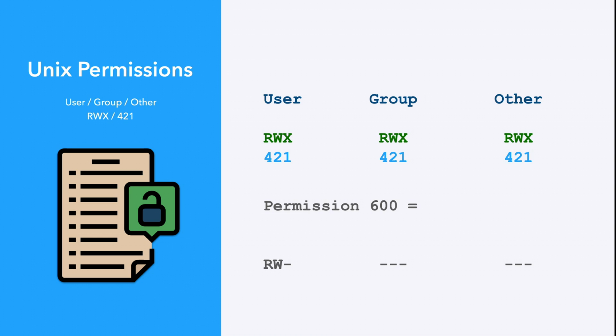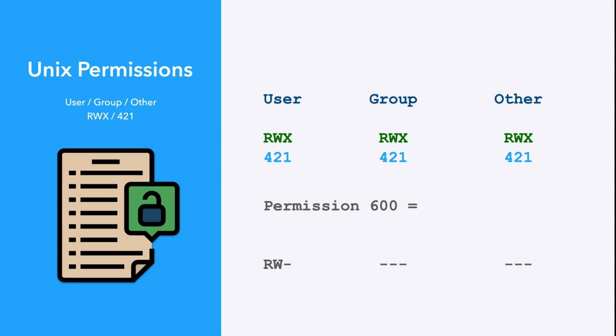Each of these, user group and other, are split into three RWX possibilities: read, write, and executable, and each has a value. So for example, a permission of 600 would mean that the user would receive read and write, not executable, and group would be empty. So let's set this permission against our test file.